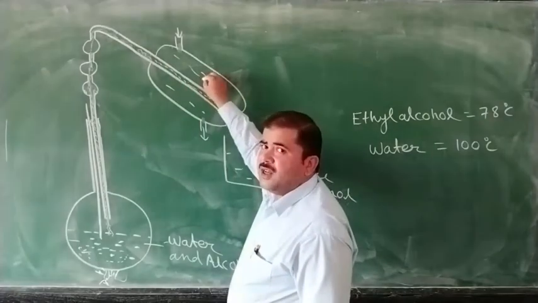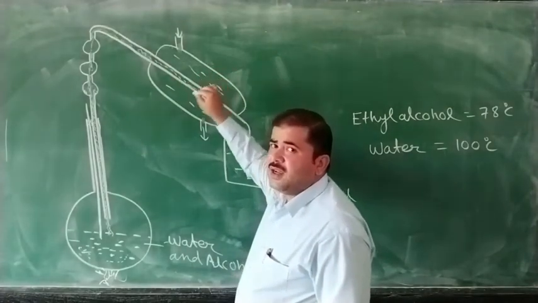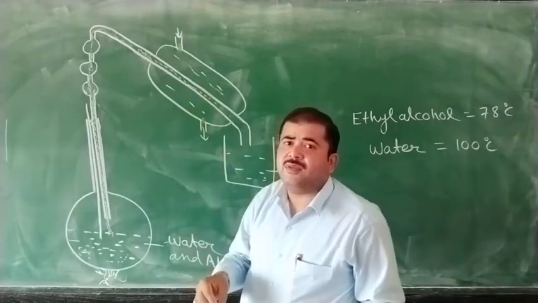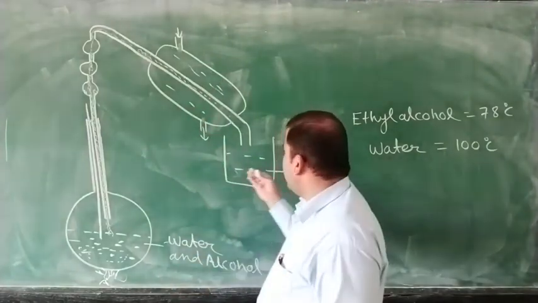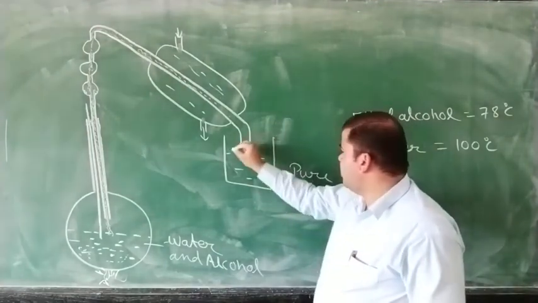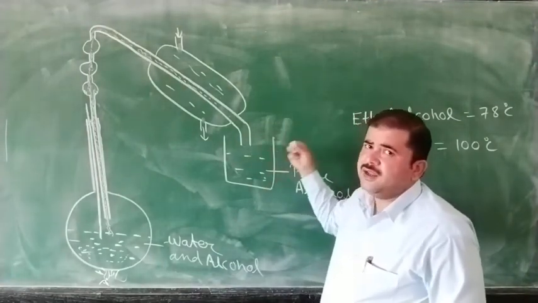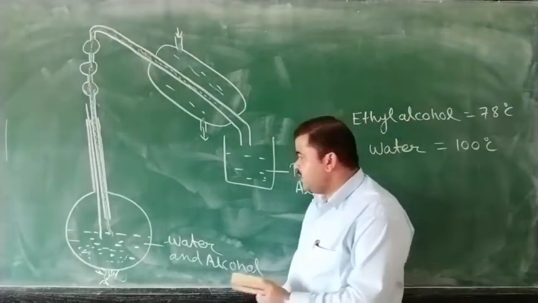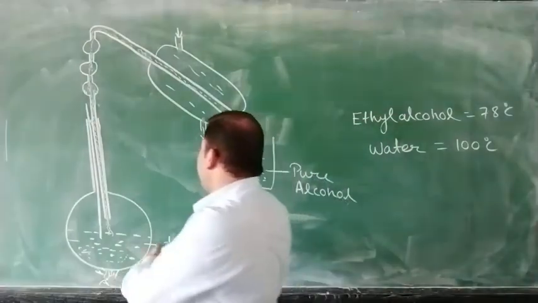This will pass through the Liebig condenser, and this condenser condenses the vapor of the alcohol into pure liquid form, into pure alcohol, and this pure alcohol we can collect in another container. So by this method we can separate water and alcohol.